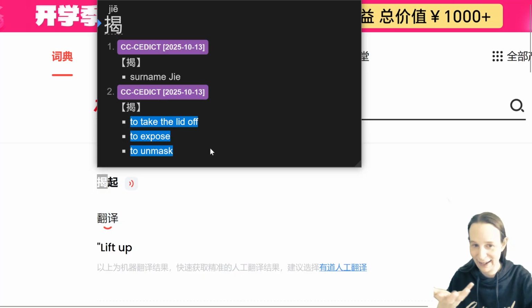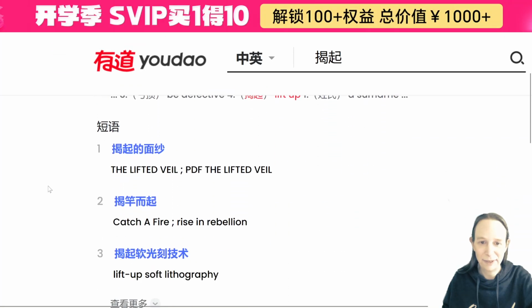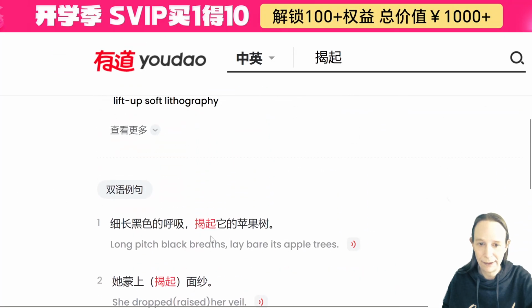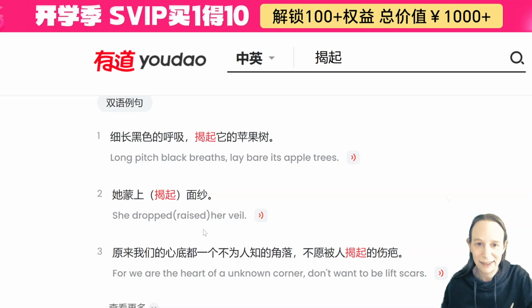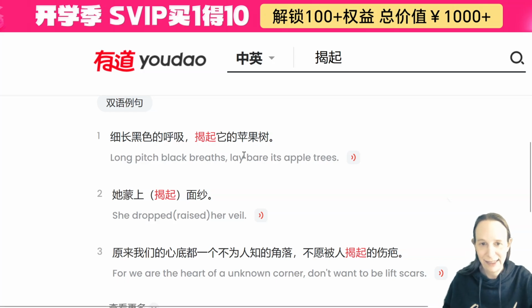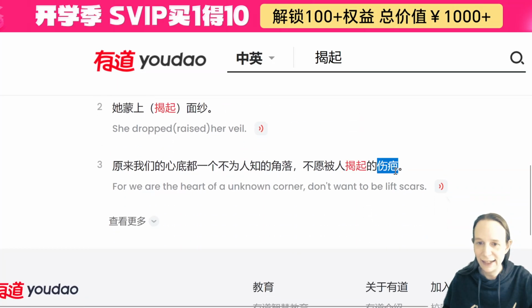I did not know 揭 has another meaning like this. This is what I'm used to. Is there another meaning that I don't know? 揭起他的苹果树. It does mean unconceal. 揭起了伤疤, so sort of revealing her scars.